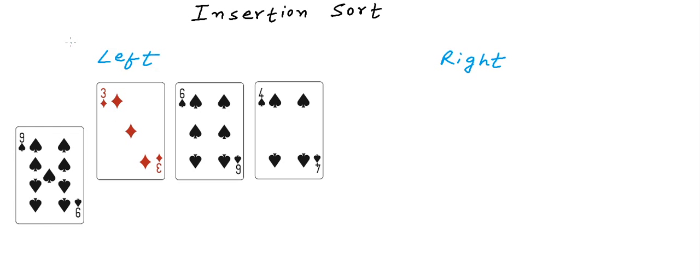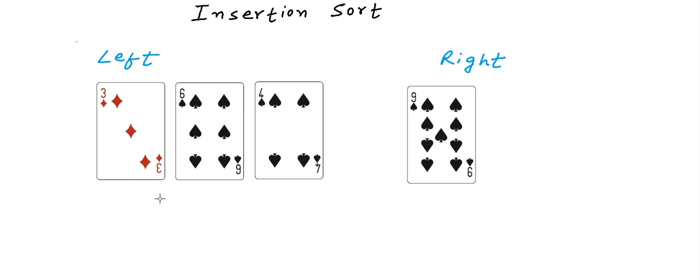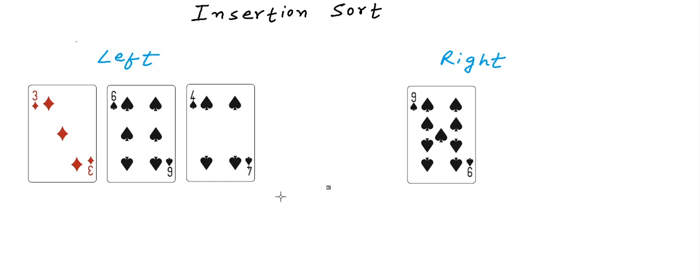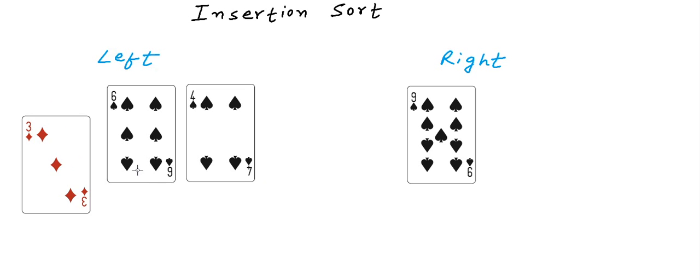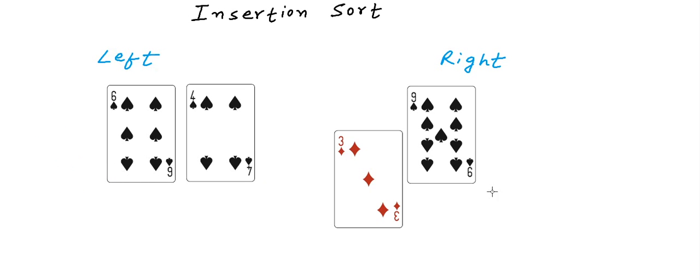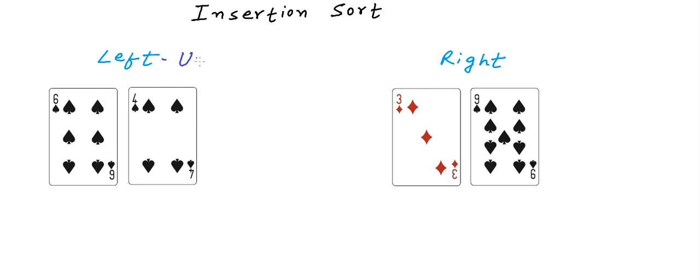Our first card is 9 and there is no other card in the right hand, so 9 will simply go into the right hand. Now we will take the next card in our left hand, which is 3 in this case. Now when we take 3 to the right hand, we will insert it before 9 to make sure that the cards are sorted. At any stage during this whole process, the left hand will be unsorted and the right hand will be sorted.